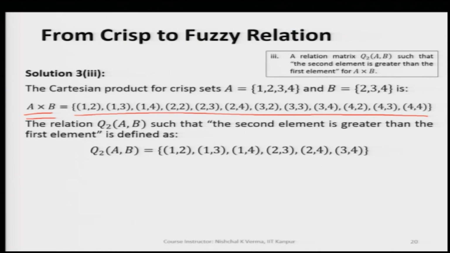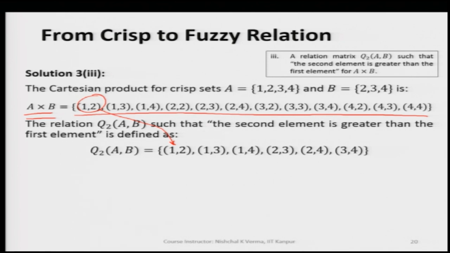The condition is that the second element is greater than the first element. So, Q2 A B is the set of all such pairs.